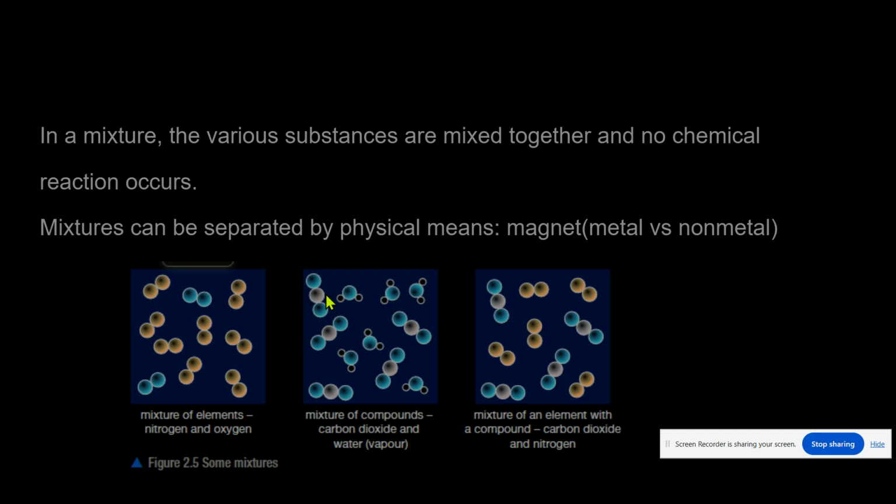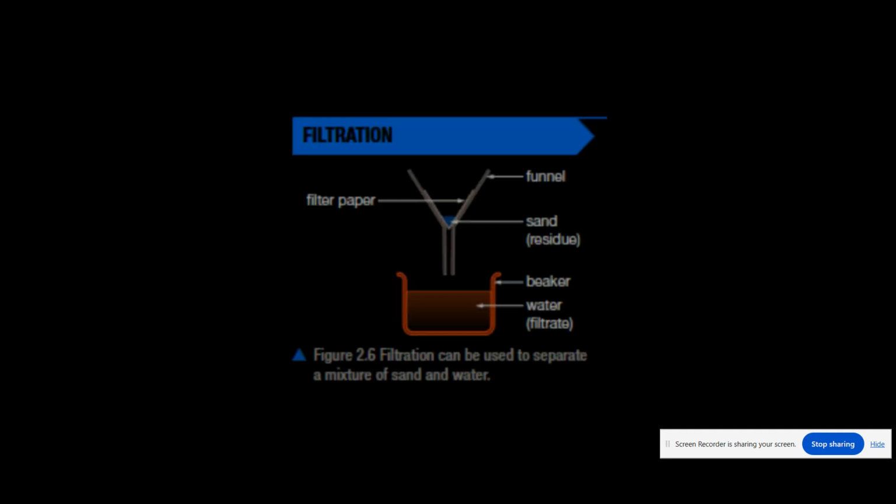But if you're just using physical means to separate a mixture, you're not changing the fundamental structure of carbon dioxide or the identity of water. You're just simply separating them to have pure water and pure carbon dioxide. Okay, so that's the difference between chemical and physical means.